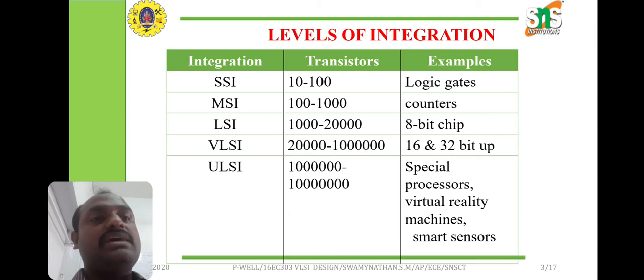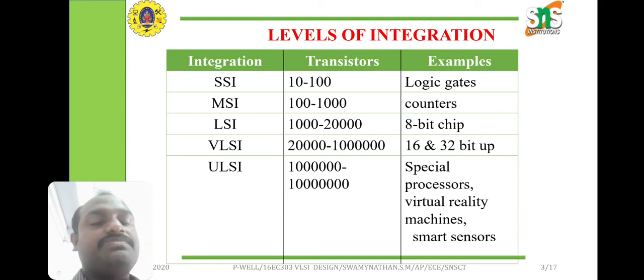So first, levels of integration: integration levels, transistor sizes, and examples. First is SSI, small scale integration, 10 to 100 transistors. Example: logic gates. MSI means medium scale integration, 100 to 1000. Example: counters. LSI, large scale integration, 1000 to 20,000.